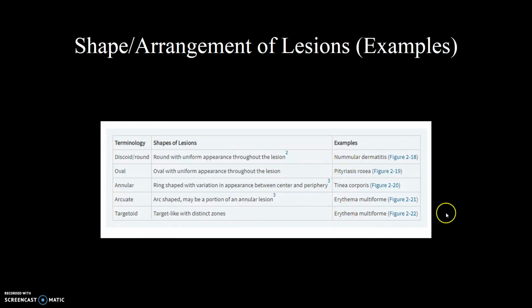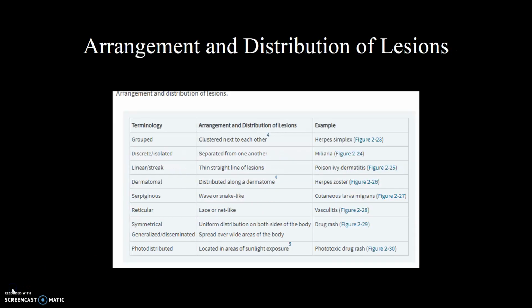I haven't seen a lot of nummular dermatitis or eczema, but when I did see it, it was exactly that: round like a coin. That's what nummular means. It looked like dermatitis, but that round, discoid, coin-like shape is what led me to an accurate diagnosis. Here are more examples of arrangement and distribution of lesions. Are they grouped, discrete, linear, dermatomal, reticular?